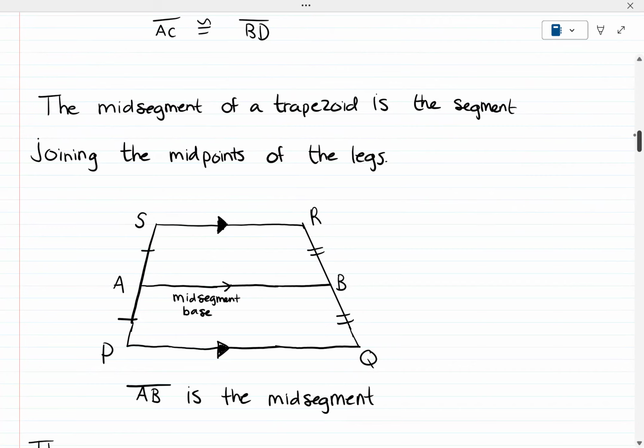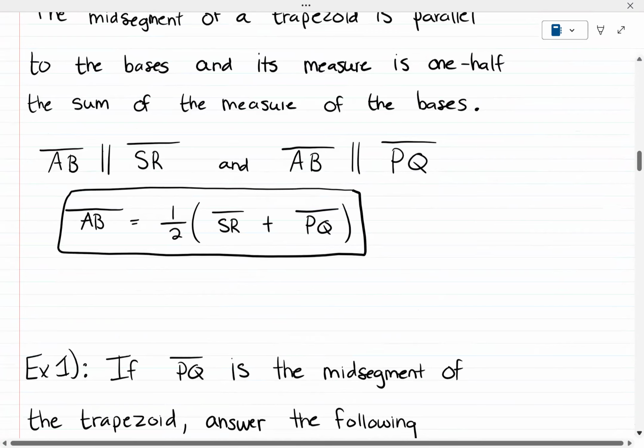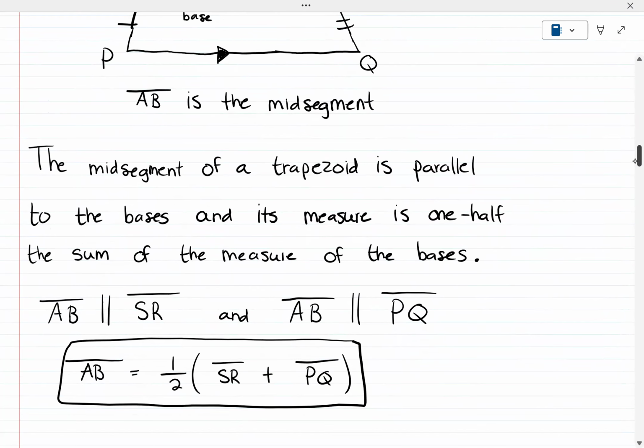Line segment RB is congruent to line segment BQ, and line segment SA is congruent to line segment AP. The mid-segment of a trapezoid is parallel to the bases, and its measure is one half of the sum of the measures of the bases.